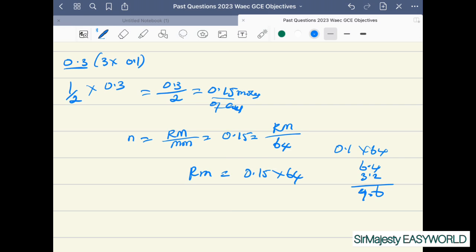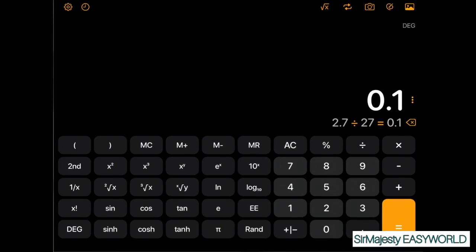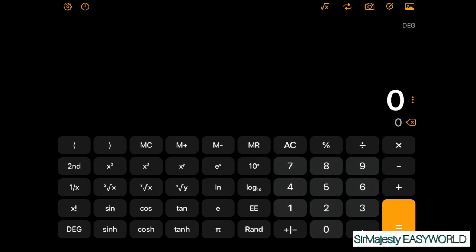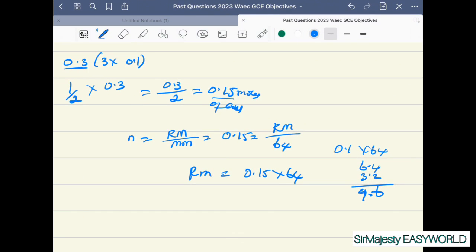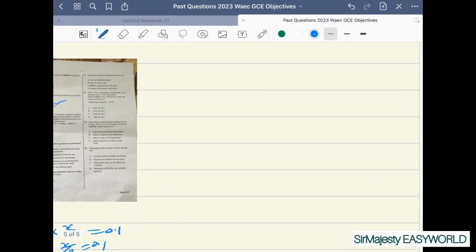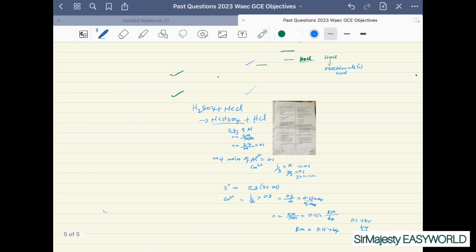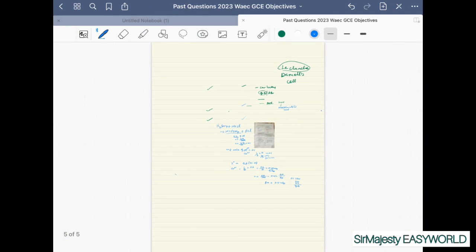But let me use the calculator to be sure. Okay. We are calculating 0.15 times 64. That's 9.6 automatically. So the answer is 9.6. We go back to the question and check if we have 9.6. Of course we do.